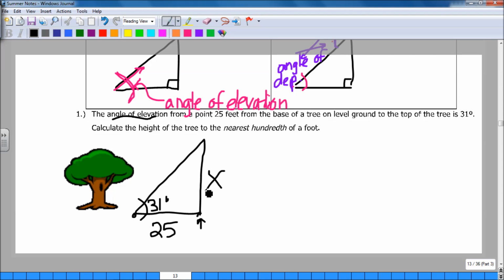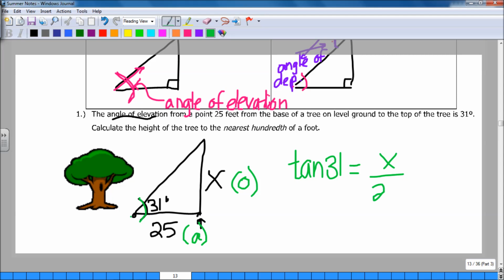So I know right here that this angle is my angle of elevation. This side is the opposite to my angle of elevation, and this side is the adjacent. So using sine, cosine, or tangent, we know that tangent is the opposite over the adjacent. So I'm going to say that the tangent of 31 degrees is equal to x over 25.